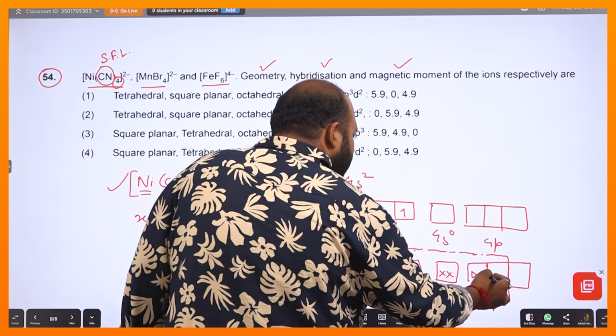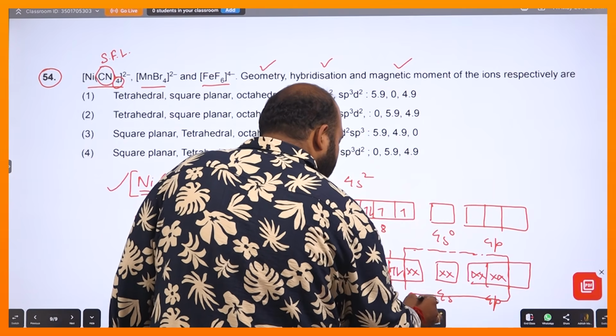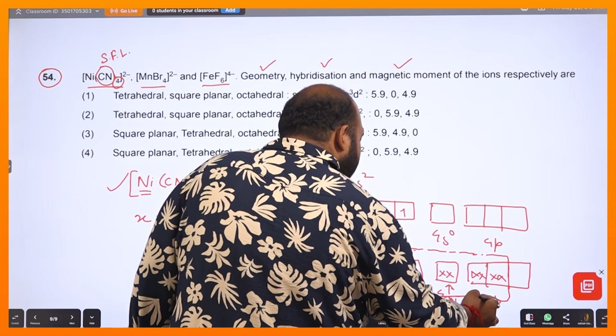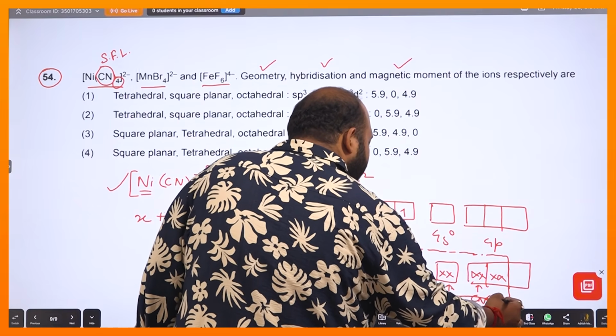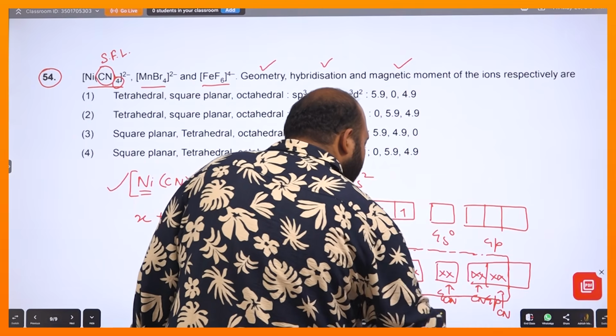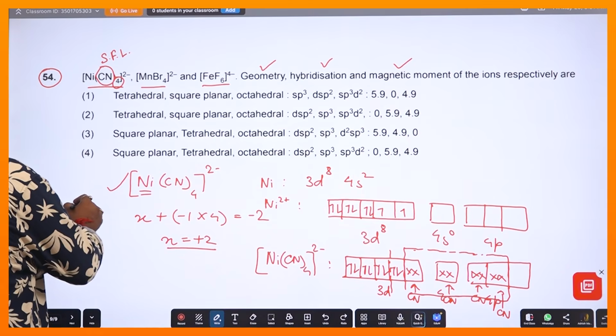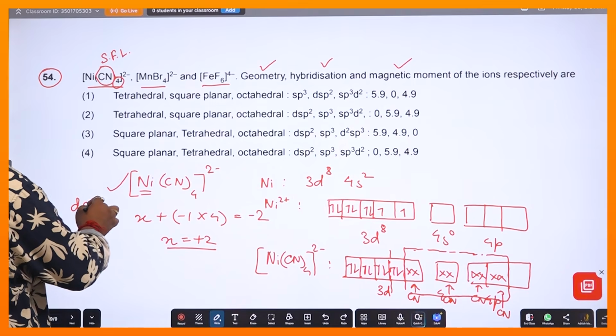Each cyanide will donate one lone pair, and it will form a hybridization of dsp2.